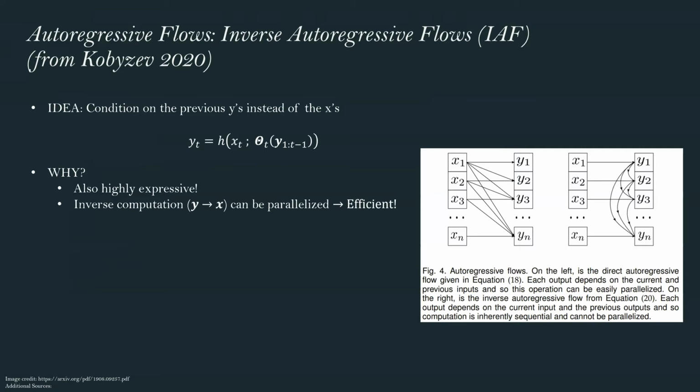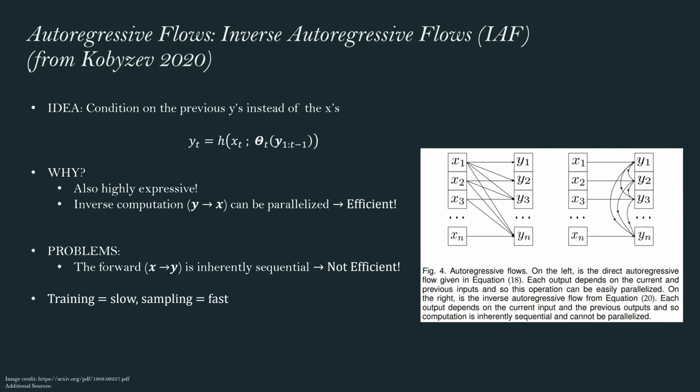Well, this is still just as expressive as the regular autoregressive flow. But the inverse computation can be parallelized, so this is very efficient from a sampling perspective. The problem is the forward pass is inherently sequential, so this is not very efficient. Training is then slow, sampling is fast.